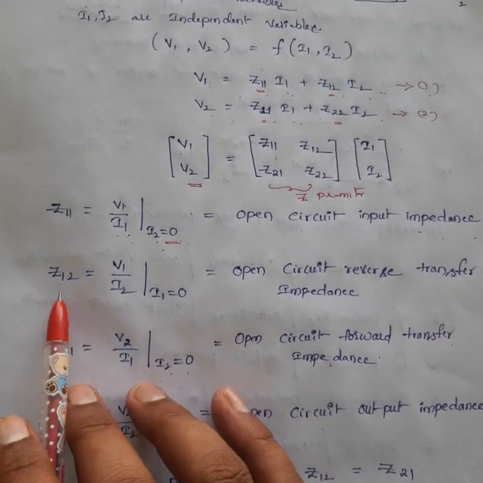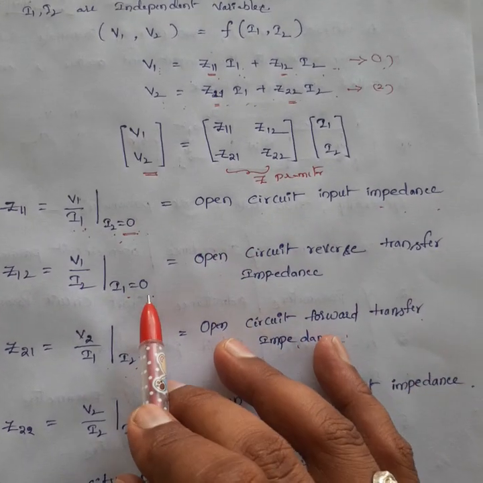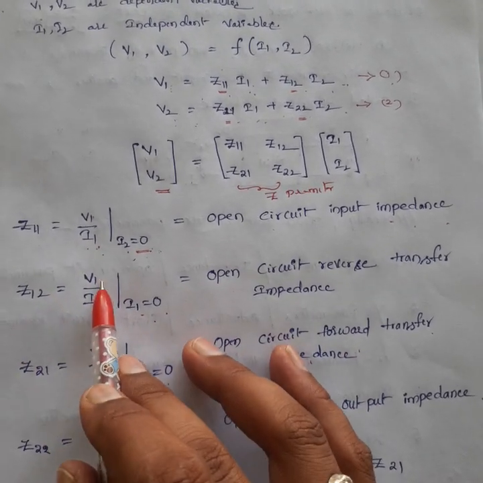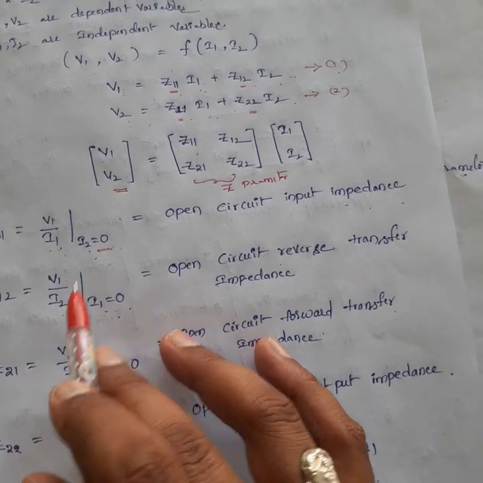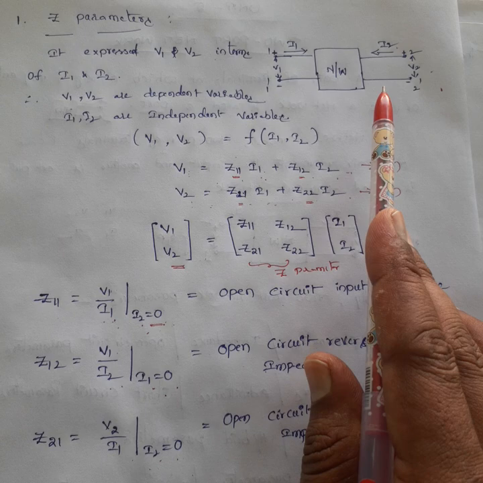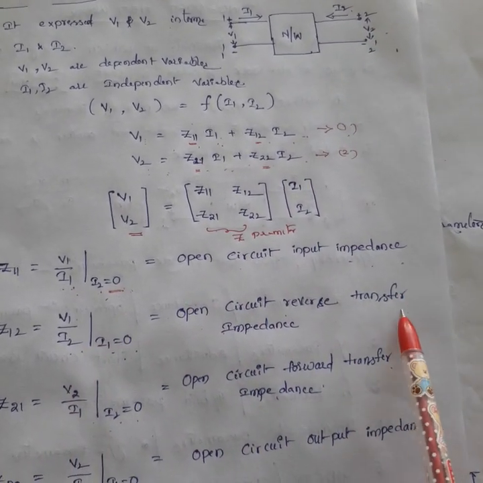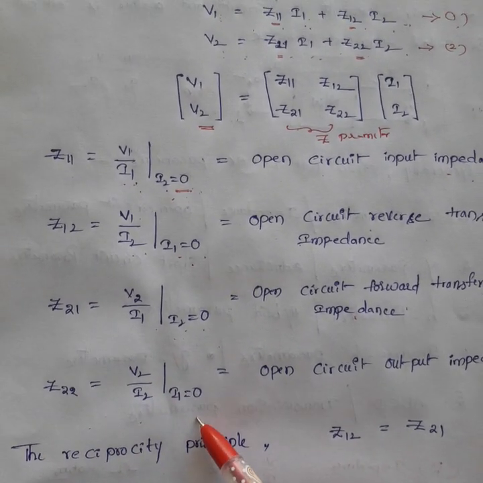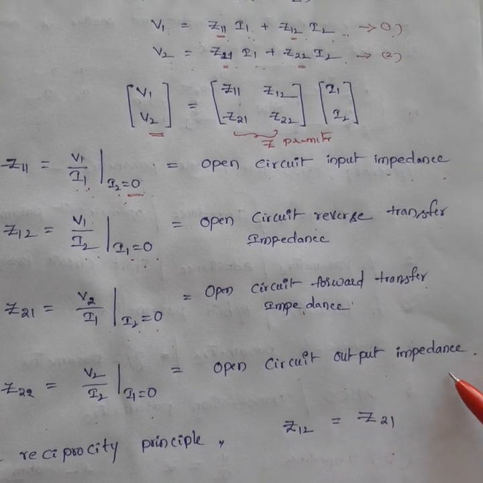And similarly Z12 at I1 equals 0. In the second step I take I1 equals 0 and calculate Z12 from V1 by I2, open circuit. Here I2 is reverse, meaning opposite to the original side, entering the network, so it is the reverse transfer impedance. And Z22 is V2 by I2 at I1 equals 0, the open circuit output impedance.